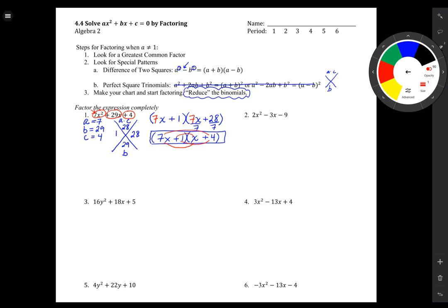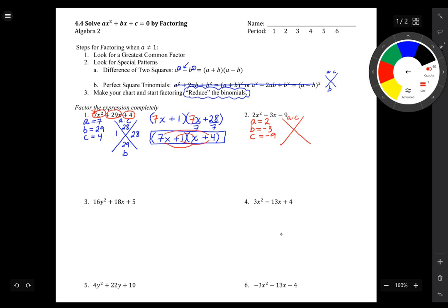And now we're going to do some more examples, so you just become better at it. Okay, so example 2, you have a 2, which is a prime number, 3 is a prime number, and then you have 9. None of those are divisible by anything, so step 1 doesn't matter. Step 2, it's not a difference of 2 squares, so we can go ahead and make our x factor. A is 2, B is -3, C is -9.